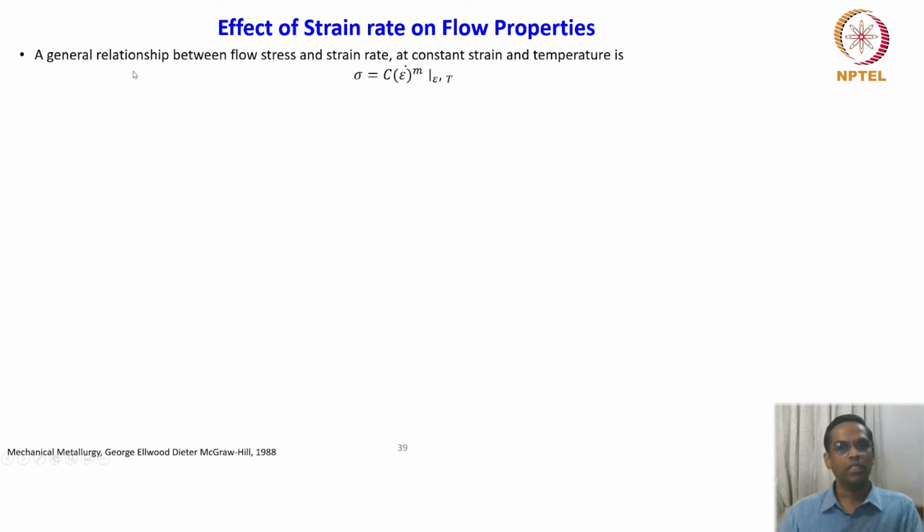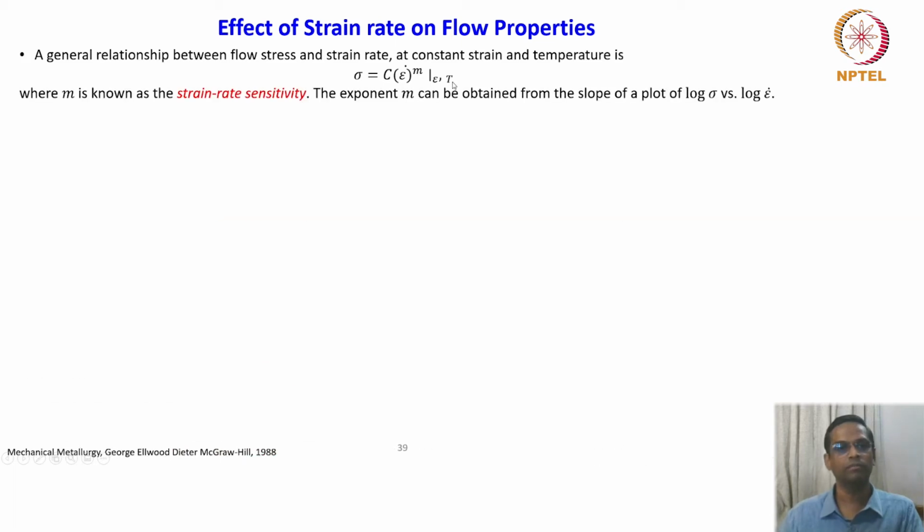So we'll just look at some of the constitutive relations. A general relationship between the flow stress and the strain rate at constant strain and temperature is given by sigma is equal to C times epsilon dot to the power m, at constant strain and temperature, where m is known as strain rate sensitivity.